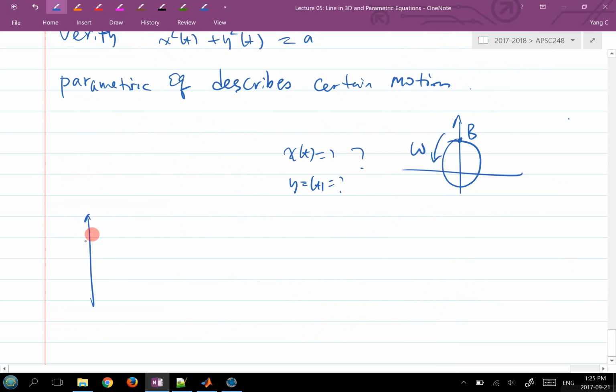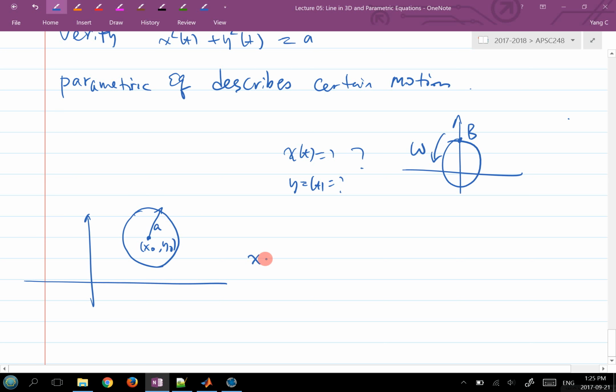There could very well be another situation, basically a circle centered around x naught, y naught. So that could be another situation here.